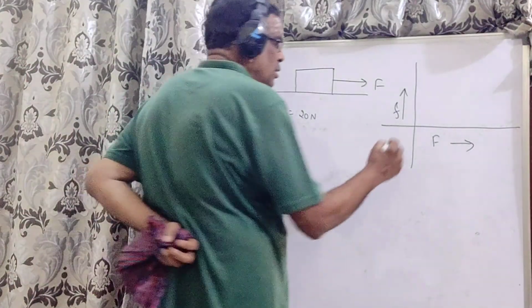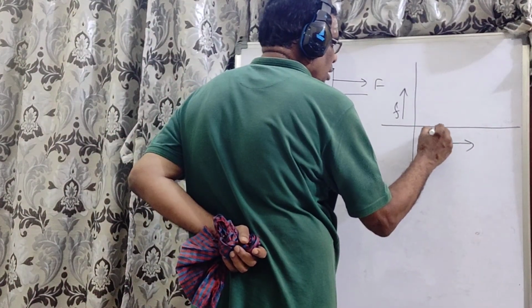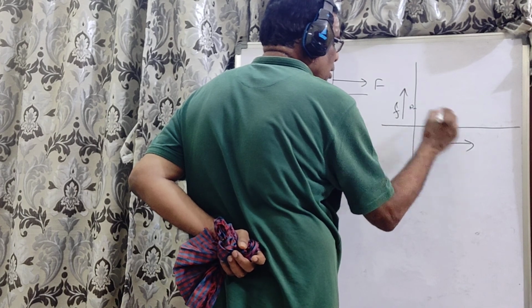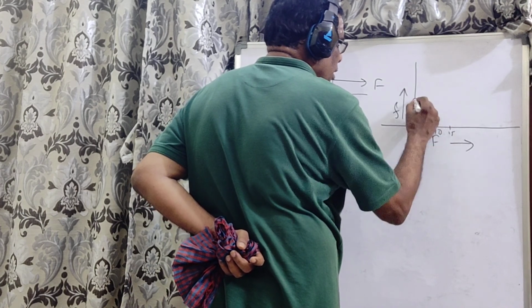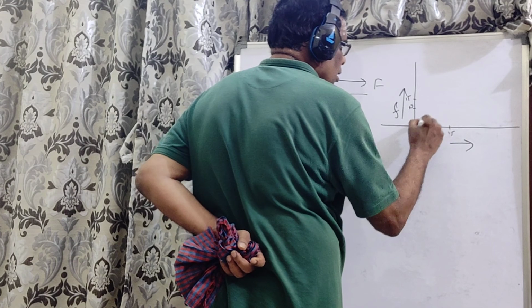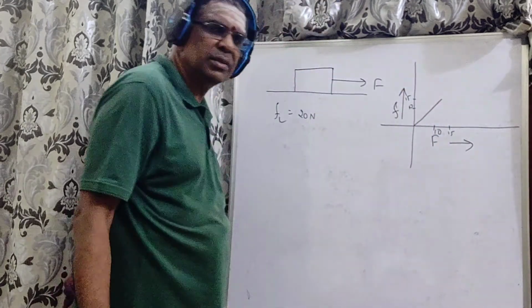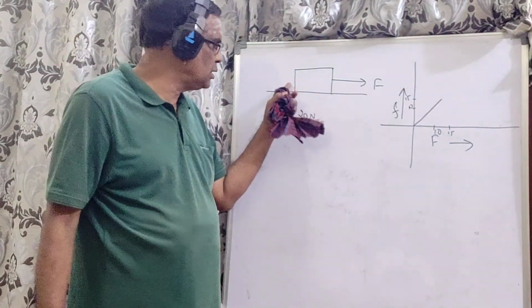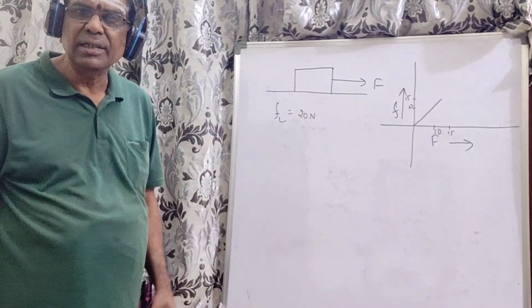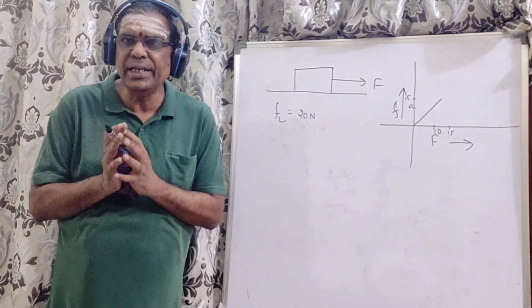So for 10, 15, likewise, whatever you apply, same thing would manifest there. So finally, what are you getting?